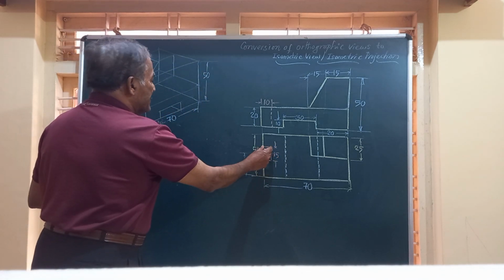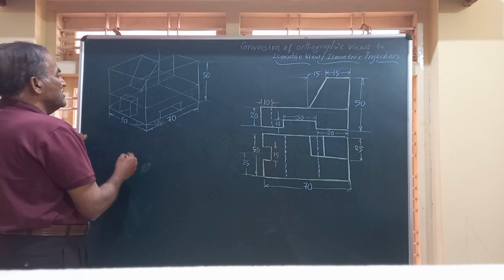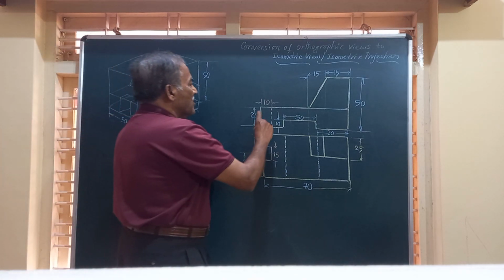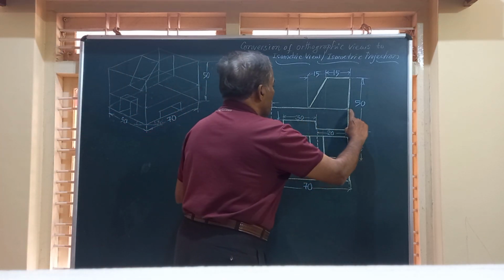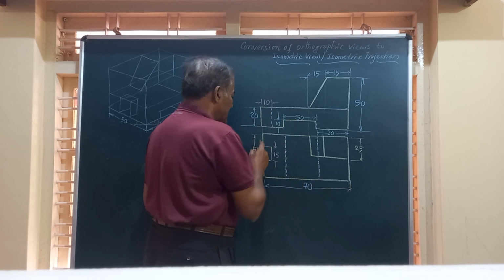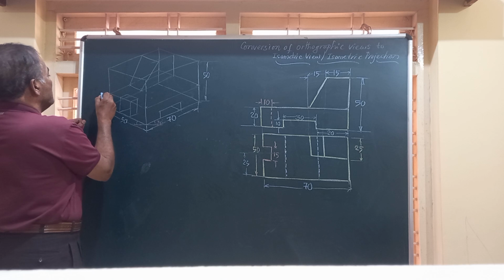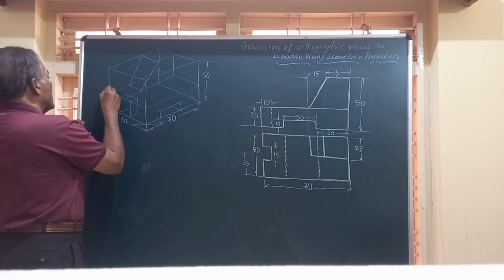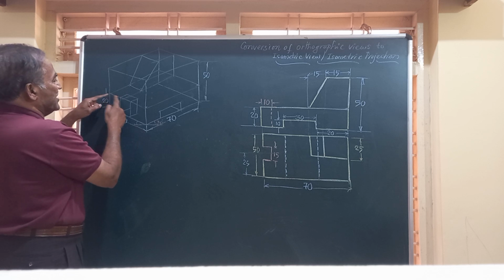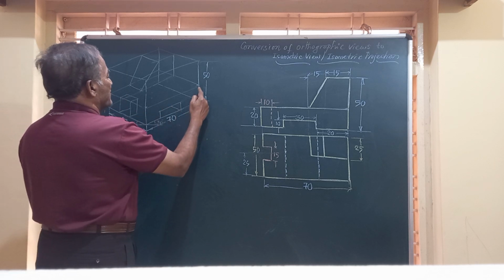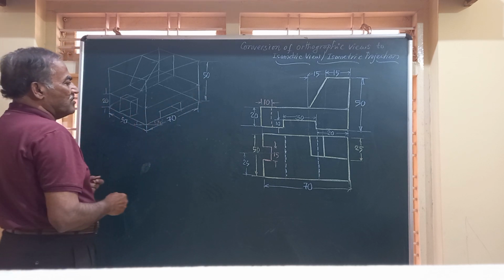So 15 by 10. Before that, you have a platform of height 20, width equal to 50. I have marked 20 millimeter here on the vertical axis and on all these four sides. This is 20 and 20, and I have marked.